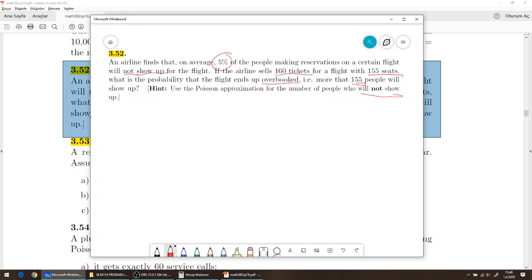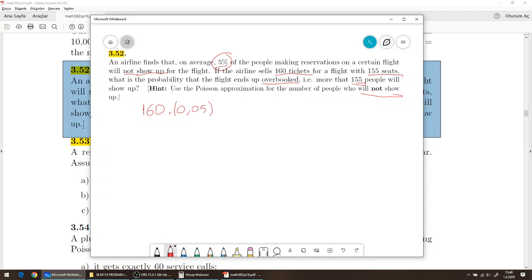Yes, a hint is given in the question. Use the Poisson approximation for the number of people who will not show up. That means we had sold 160 tickets times 0.05. What is it?